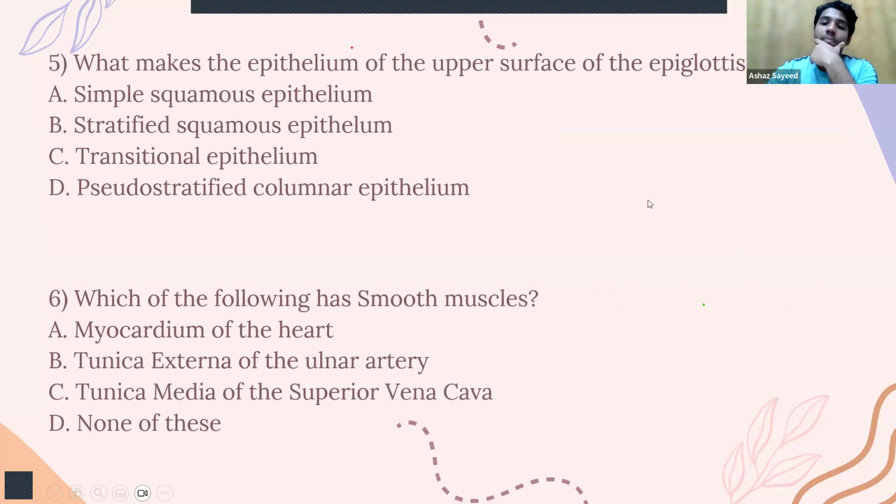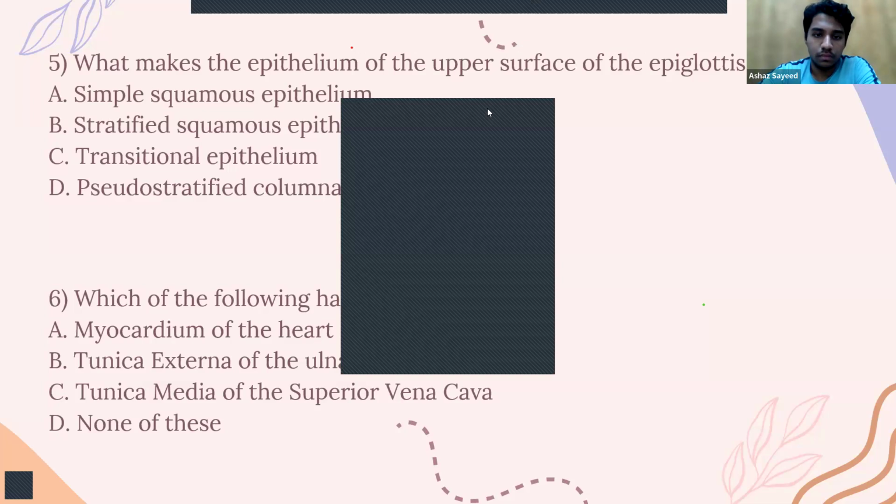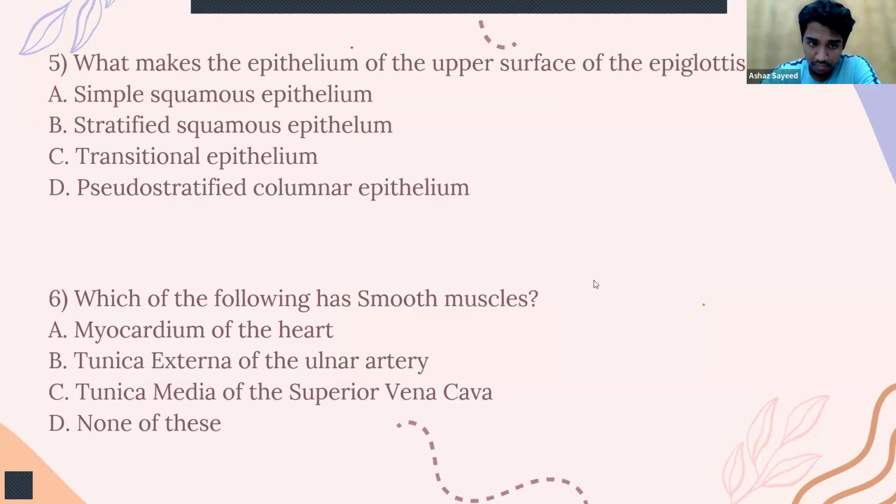Now, what makes the epithelium of the upper surface of the epiglottis? As I told you guys before, the epithelium on the epiglottis was repeated a lot. And which of the following has smooth muscles?